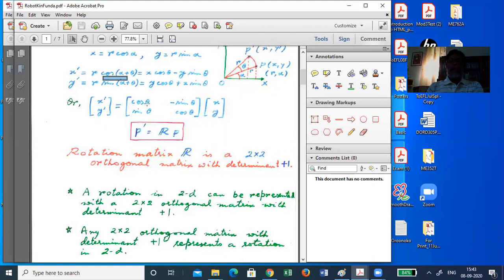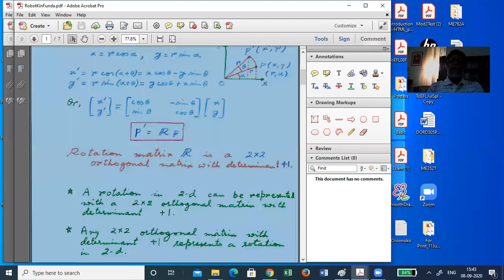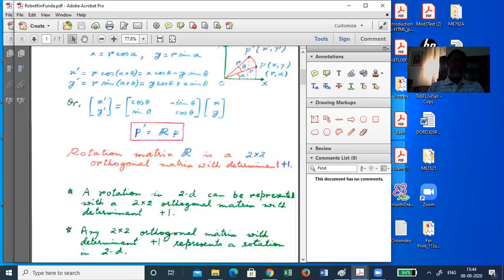Then, since this is an orthogonal matrix, the other column will be another unit vector orthogonal to this, and any unit vector orthogonal to a given unit vector cos theta, sin theta can always be shown as this or its negative.